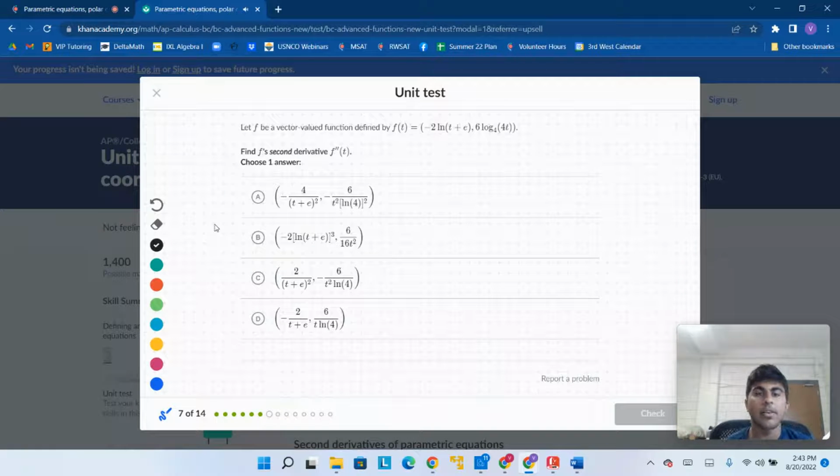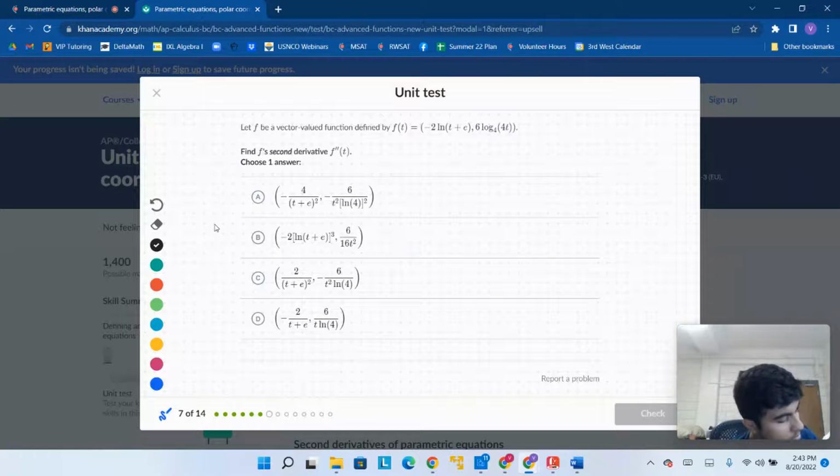Let f be a vector valued function defined by that entire mess, and we're trying to find the second derivative. If we try to find the velocity vector, the first derivative, then you get negative 2 over t plus e, comma, 6 over, what is it over?